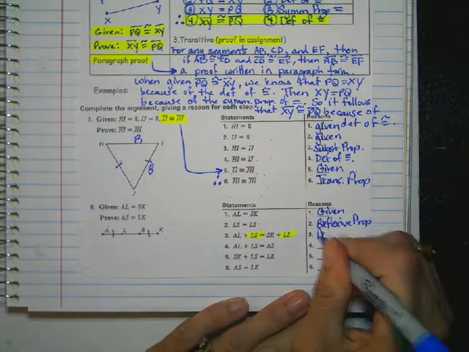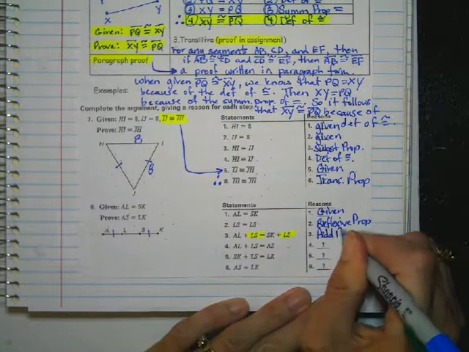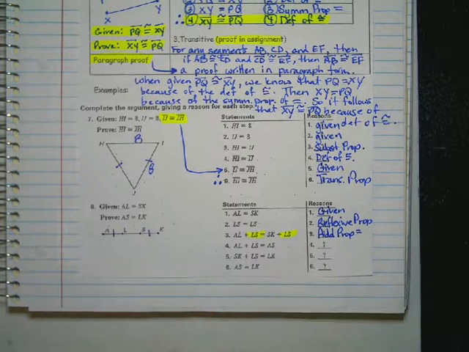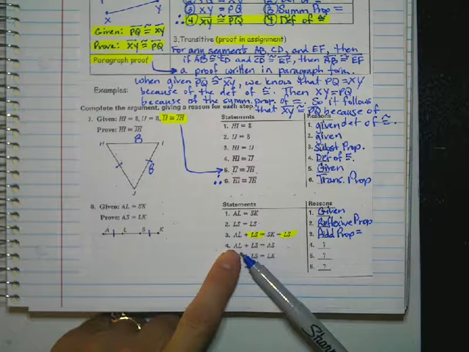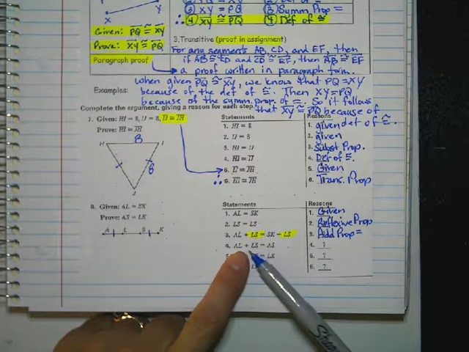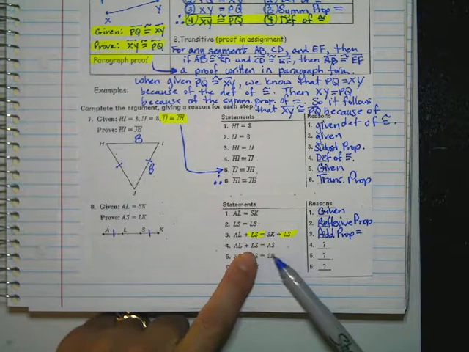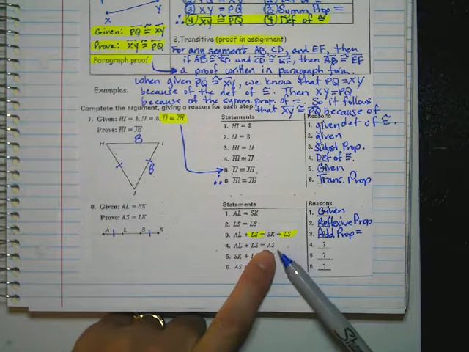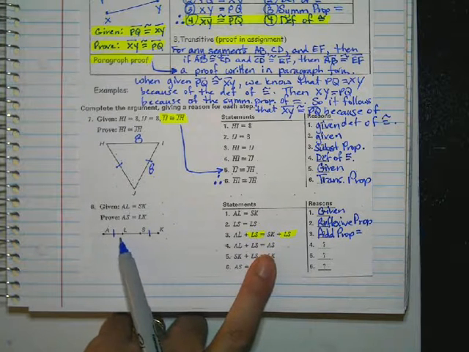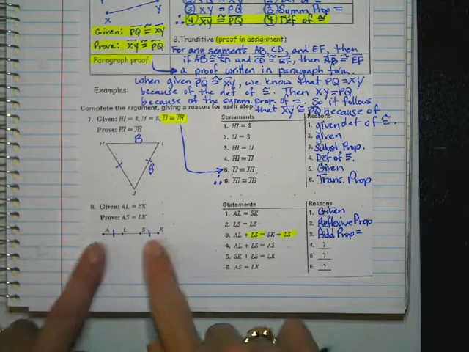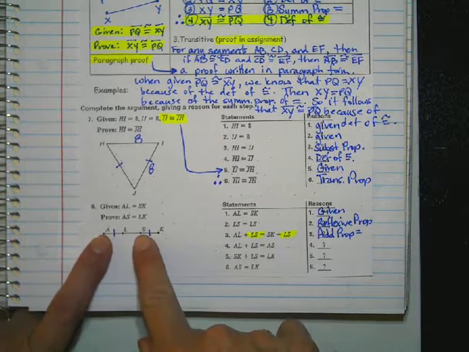Alright, so we're looking here, AL plus LS, that's the same as before, equals AS. Well, let's look at that. AL plus LS, that equals the entire segment. So that looks like a little segment addition property. Segment addition postulate. Sorry, that's the postulate that we talked about the other day.